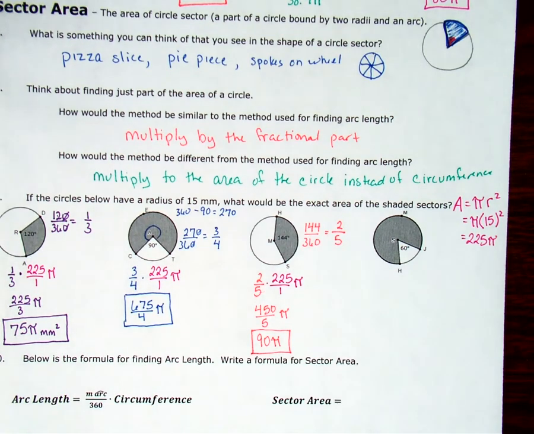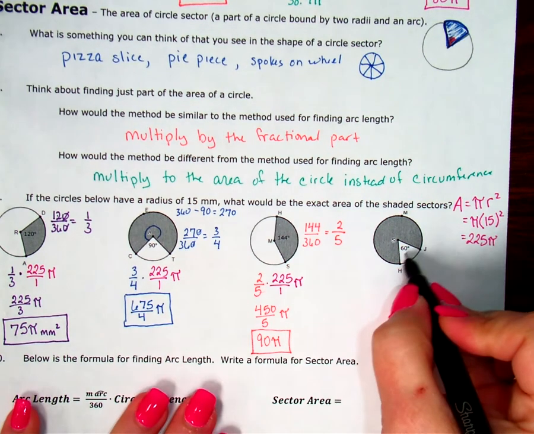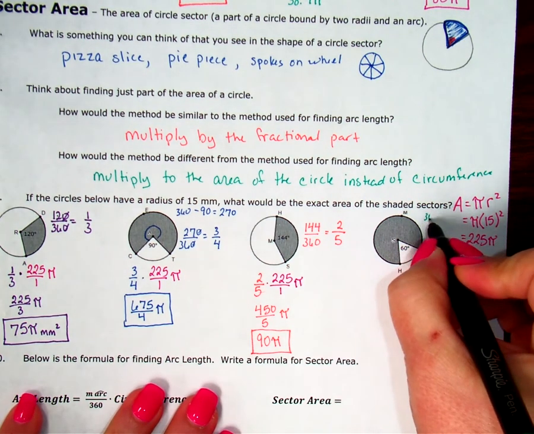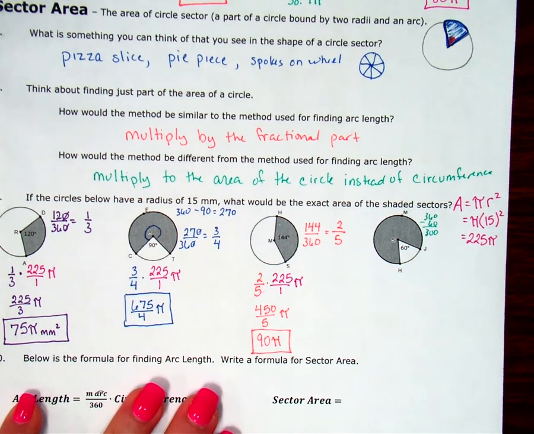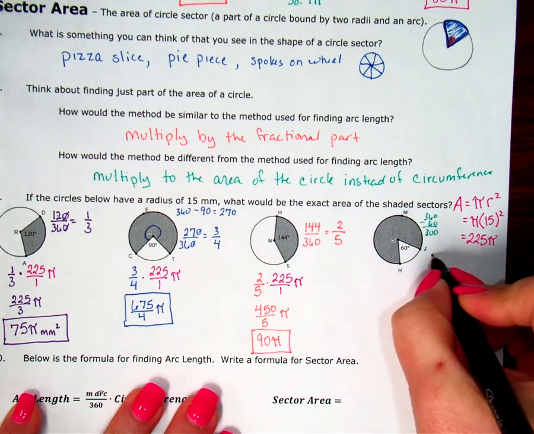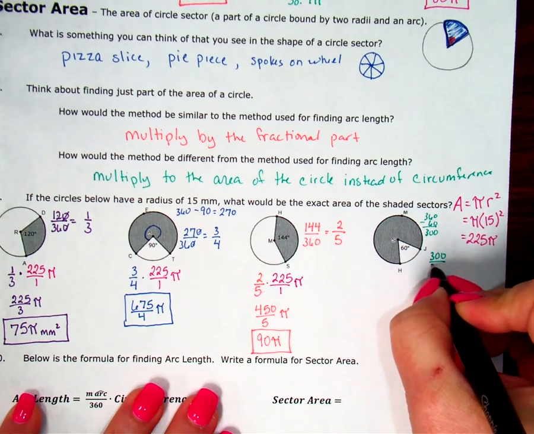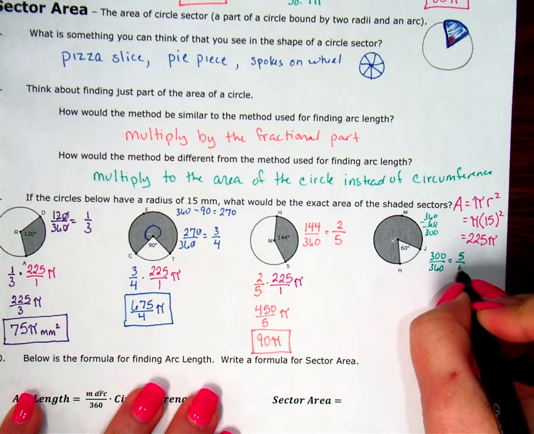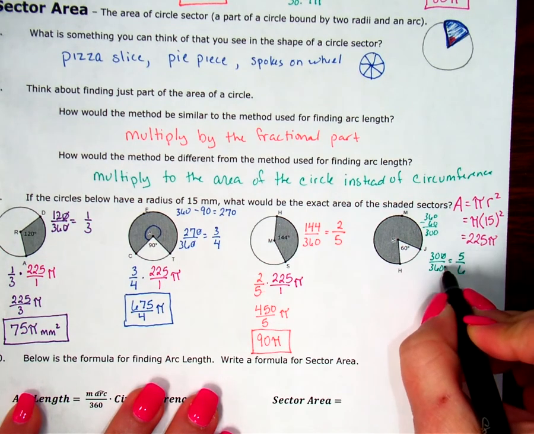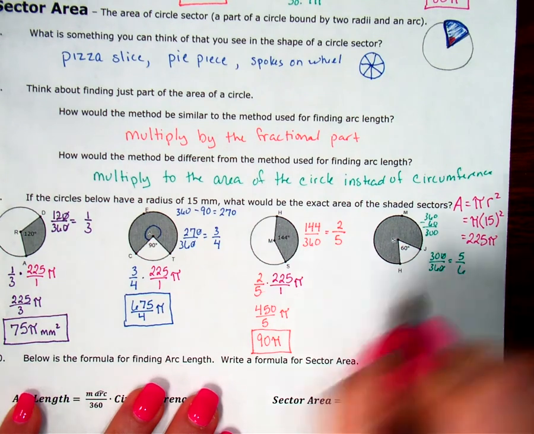I've got 60 degrees here, so out of 360 degrees, if I take away 60, I'm left with 300. So 300 out of 360 becomes 5/6, because 6 goes into 30 5 times and 6 goes into 36 6 times.